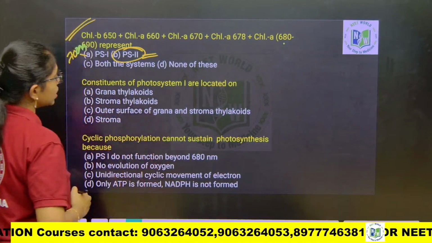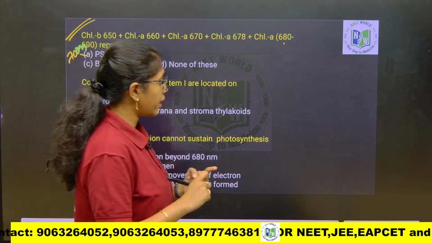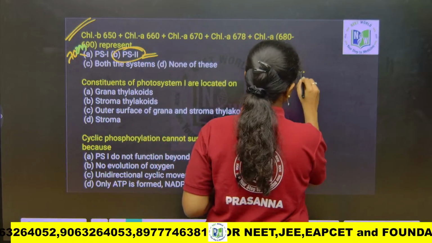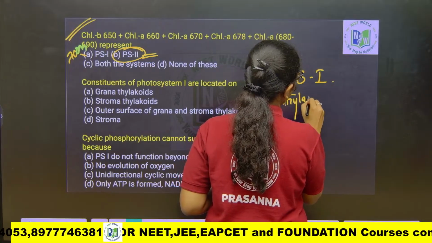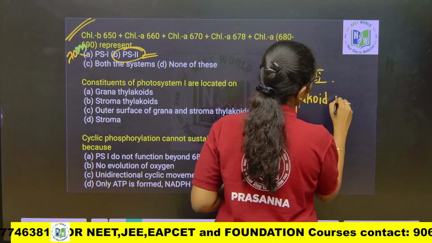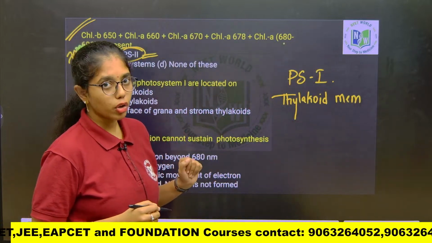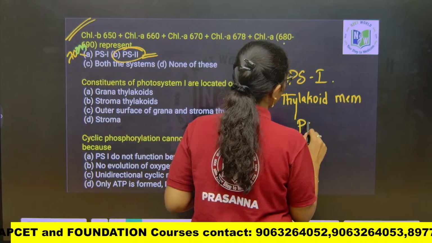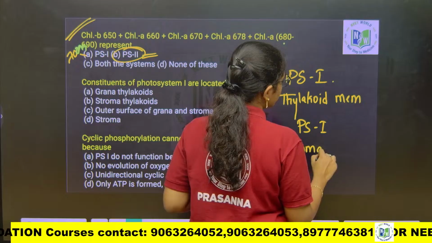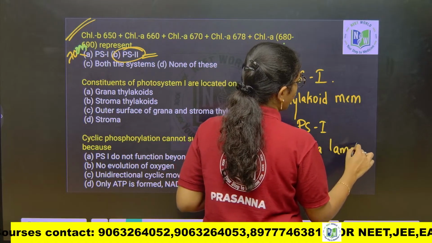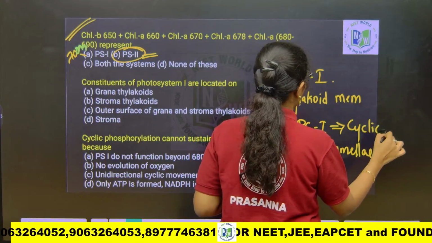Constituents of photosystem 1 are located in. PS1 is located in thylakoid membrane when it is undergoing non-cyclic photophosphorylation. PS1 is present in stroma lamellae or stroma membrane if it is conducting cyclic photophosphorylation.